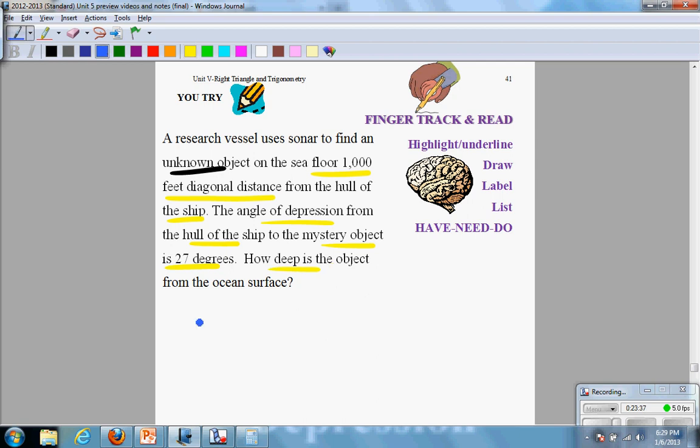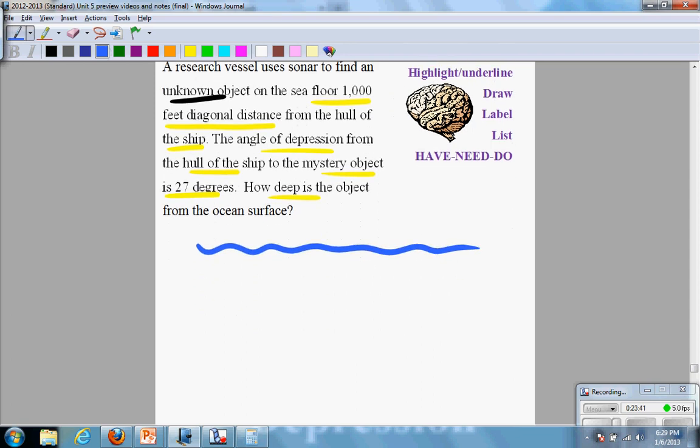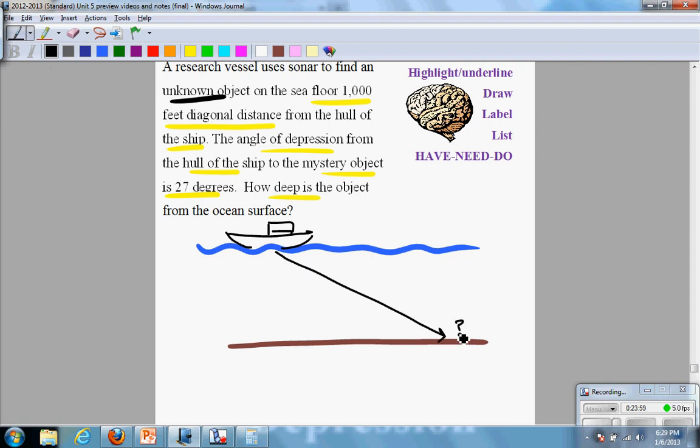Okay, so let's draw. We have ocean, and then we have the ocean floor. We have a research vessel of some sort. Forgive my unimaginative diagrams. We're using sonar, and the sonar bounces off a mystery object. Here's the mystery object.